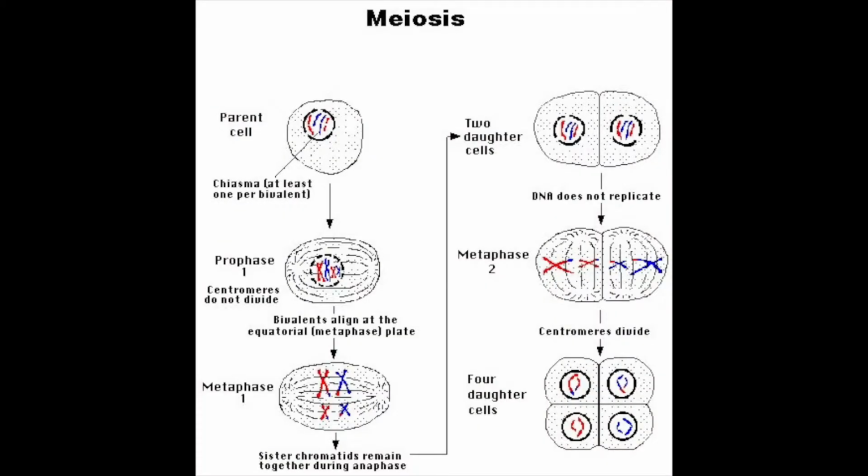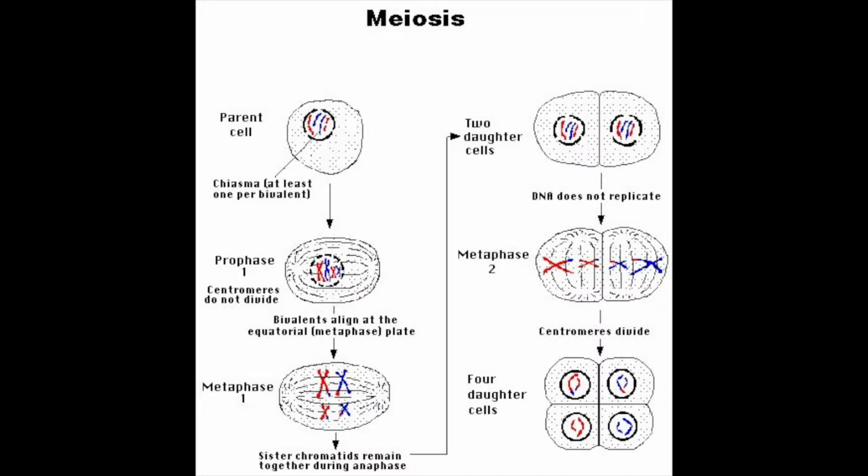Meiosis 1 has 2 main purposes. It is the reduction division, so it reduces the number of chromosomes in half, making the daughter cells haploids. And it is during meiosis 1 that most of the genetic recombination occurs. Prophase 1. Just like in mitosis, during prophase, DNA condensation occurs.